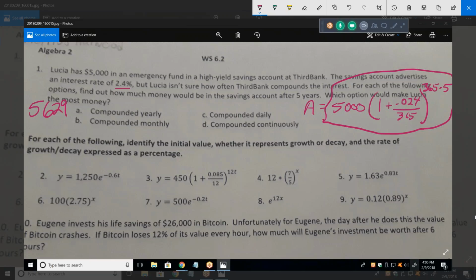Here, you want me to keep going? 0.024 divided by 12. Enter. Raise that to the 60th power.